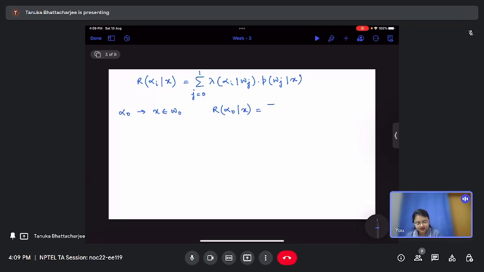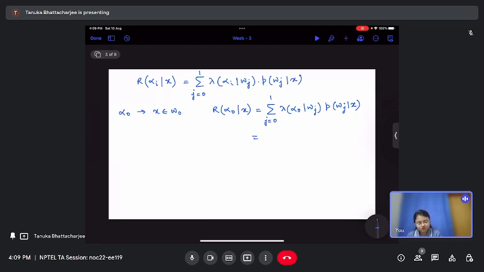That will be given as the summation over j equal to 0 to 1 of lambda alpha 0 given omega j into p omega j given x. Now, if x truly belongs to omega 0, then the loss is 0, and if it belongs to omega 1, then the loss is 1.